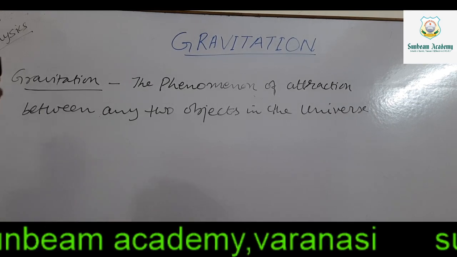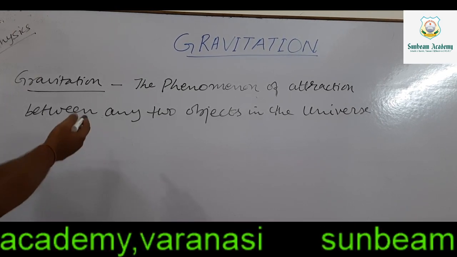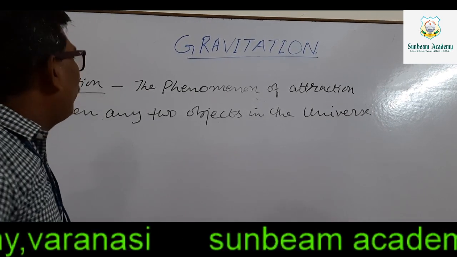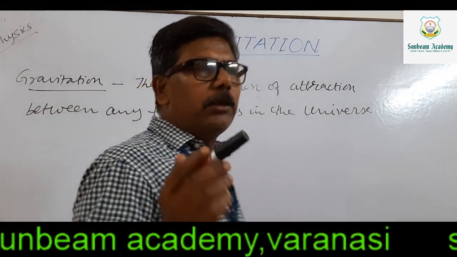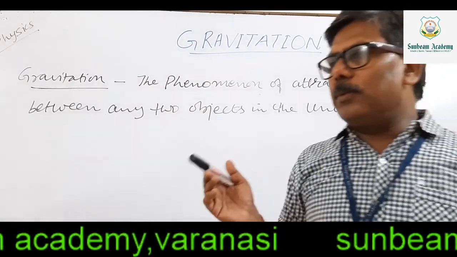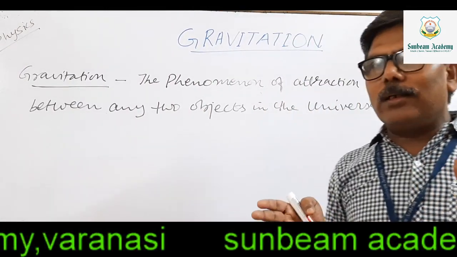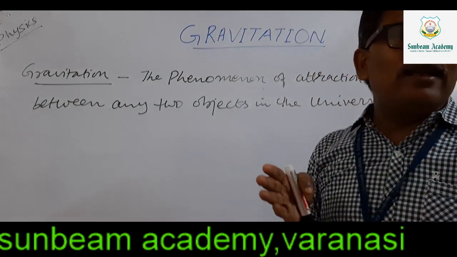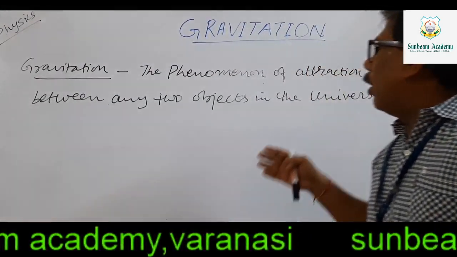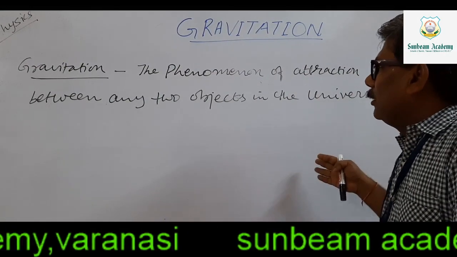So students, you know that gravitation is the phenomenon of attraction of any two objects in the universe. In the universe means if the object is on the earth, or the object is a heavenly object, that is celestial bodies, or objects of any mass or size.